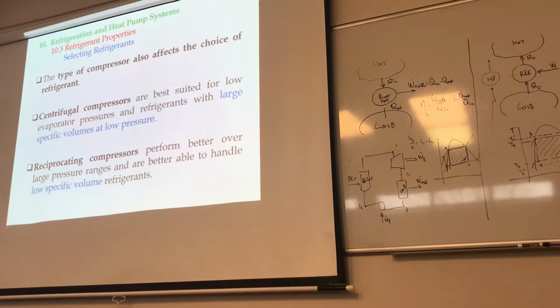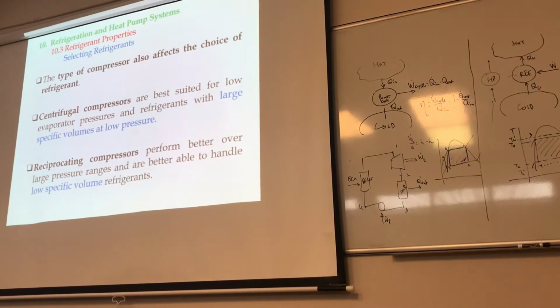by looking at this. The type of compressor also affects the choice of the refrigerant, because compressors, as we'll see in fluids too, when we do turbo machines, we'll study some of these. Centrifugal compressors are best suited for evaporated pressures of refrigerant with large specific volumes and low pressure. So it depends.